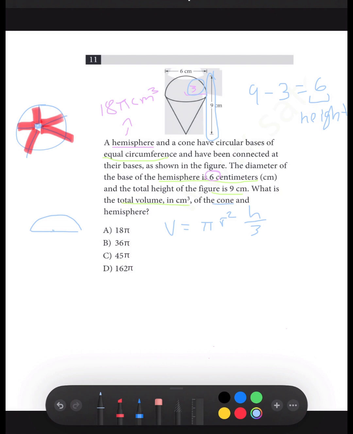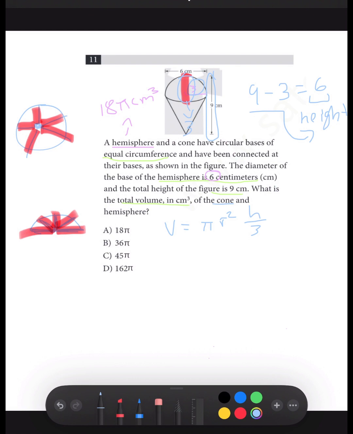Any of these points could be the radius. So this thing is also 3. That's the radius of 3. So that's why we do 9 minus 3 to get our height.